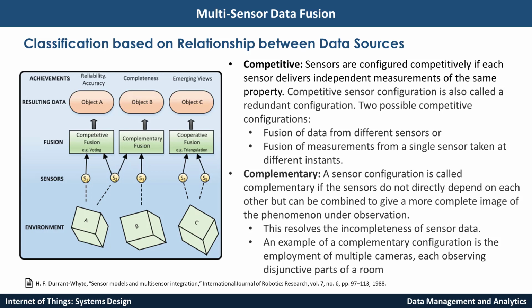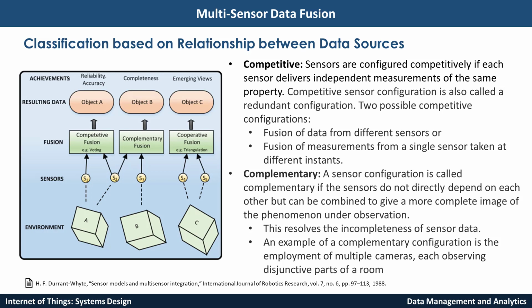They are also called redundant configuration because they are measuring the same thing. So you can use them for voting. Like if there are 3 temperature sensors and 2 of them say 25, and the other one says 22 or something, then 25 wins. So you can say that the third sensor is malfunctioning or something. The key here is that they are measuring the same thing and the same property. In other words, they are measuring temperature in the same room, same place.